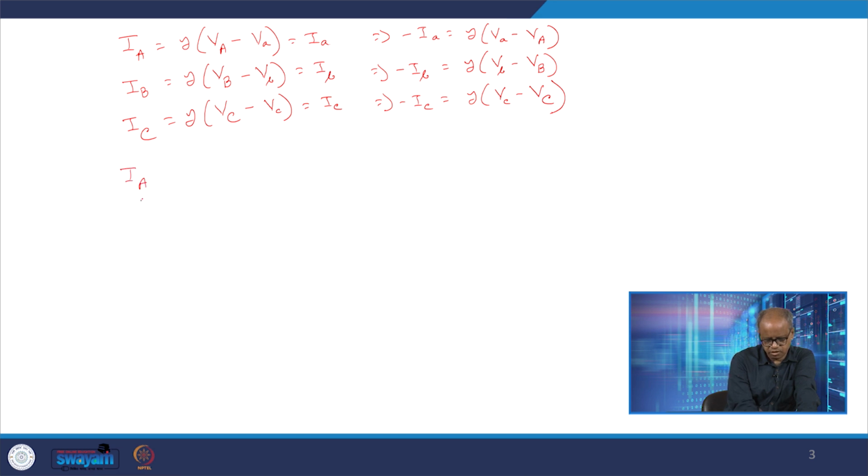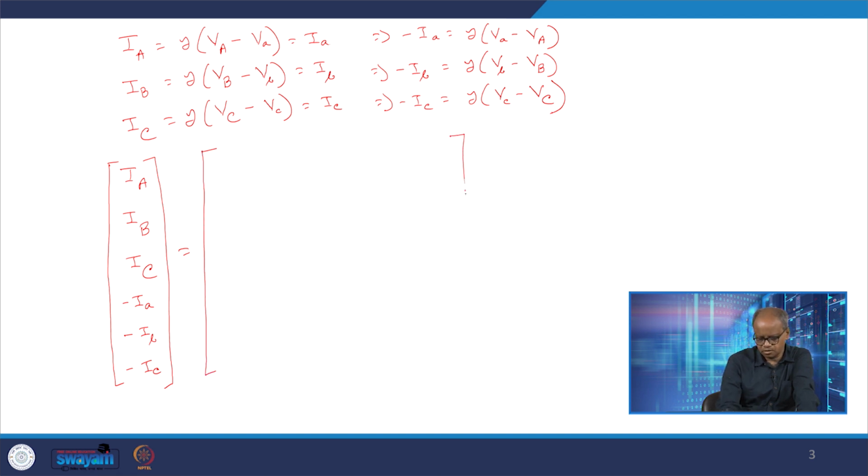So what I have got is I capital A, I capital B, I capital C, minus I small a, minus I small b, minus I small c. We will write down the elements a little later, but let us first.